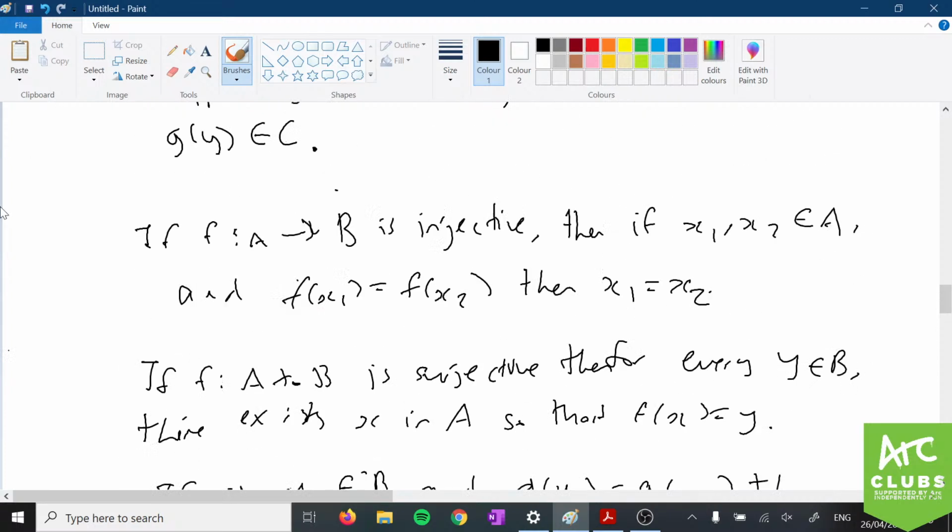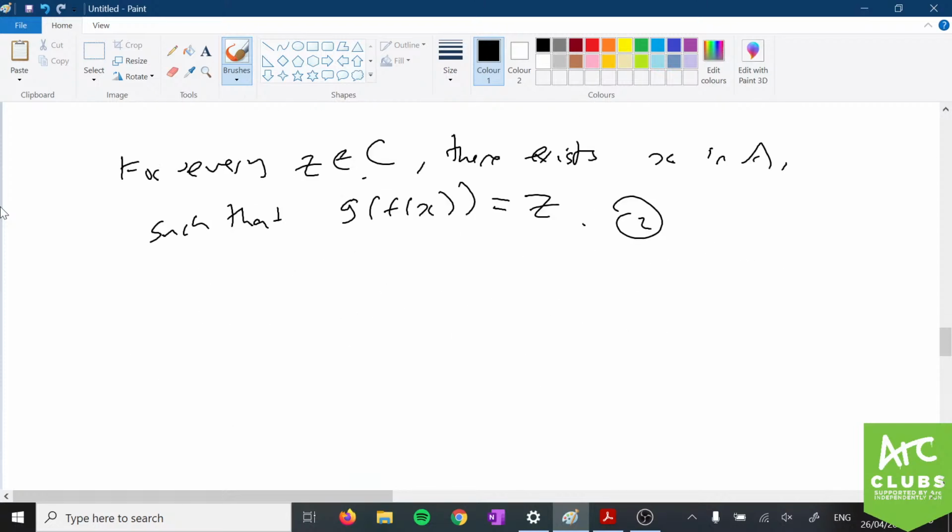So what were we up to in our proof? We know g of y was in C. And it looks like we can apply the second fact here, right? Because g of y is in C, there is an x in A so that g of f of x equals g of y. It's like substituting a z in this fact with g of y.